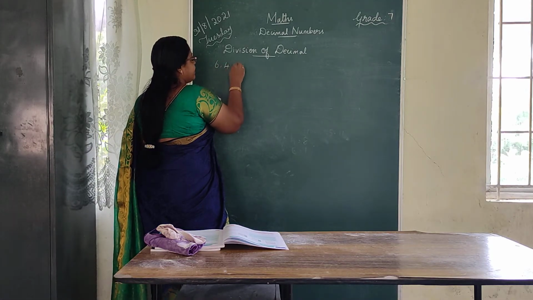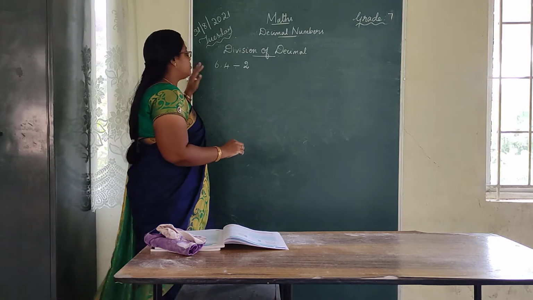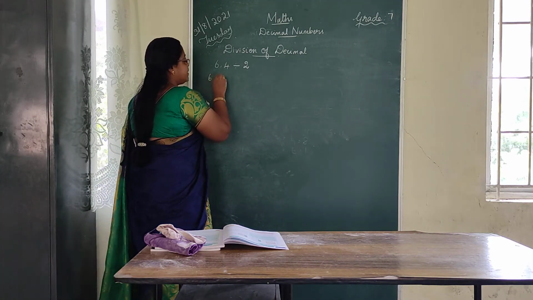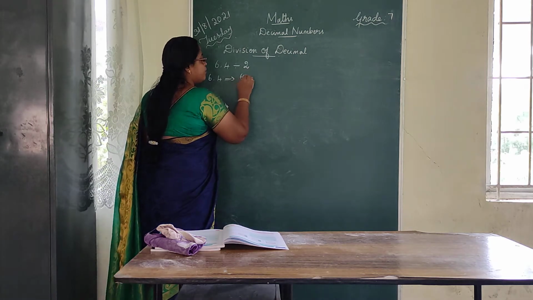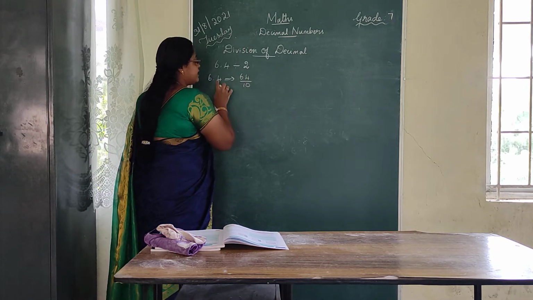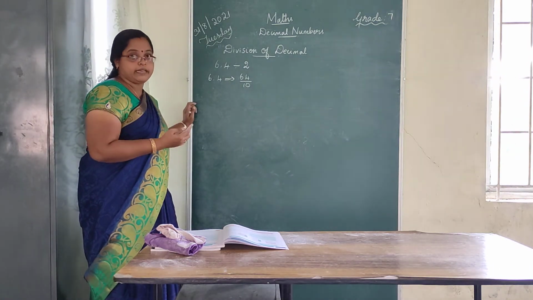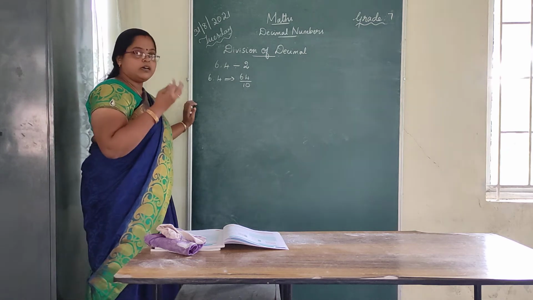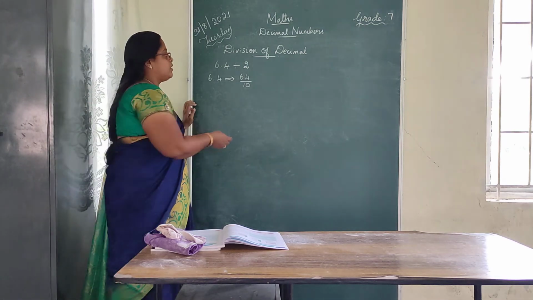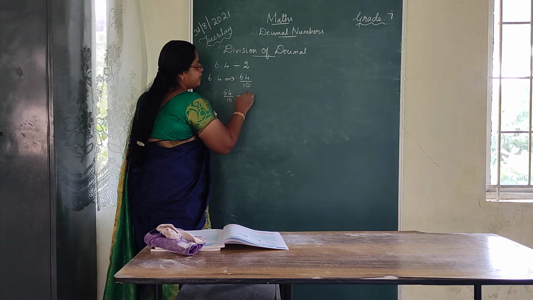First of all, you should change this decimal number into a fraction. So what will we get? 64 by 10. 1 decimal place, so we have to put 1 zero. That is 10. Is it? So 2 we should not change anything because it is a whole number. So write this number 64 by 10 divided by 2.